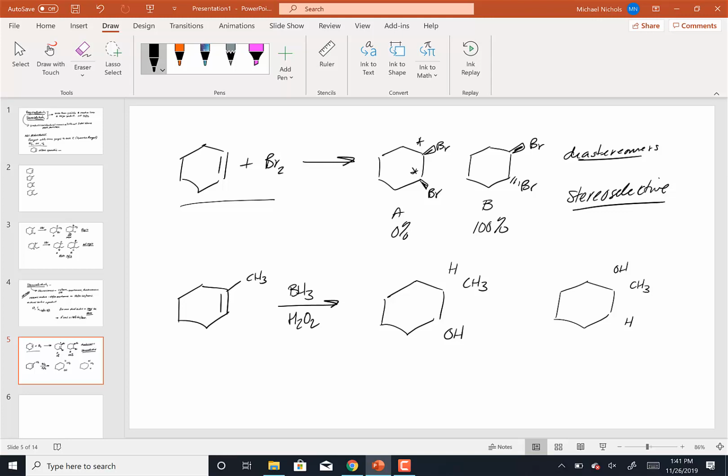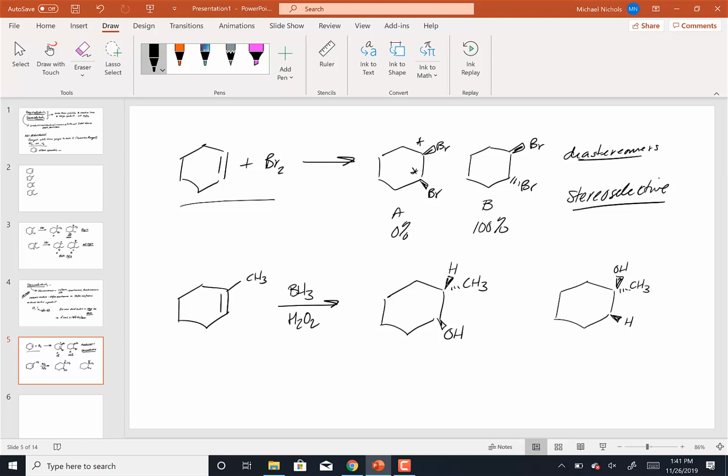Okay. So H and OH add 100% cis. So we'll give them both bold wedges. Does it matter? No. Okay, so there are my two possible products as far as regioselectivity goes. Is this reaction regioselective? As far as the placement of the H and the OH goes, did I make two structural isomers?